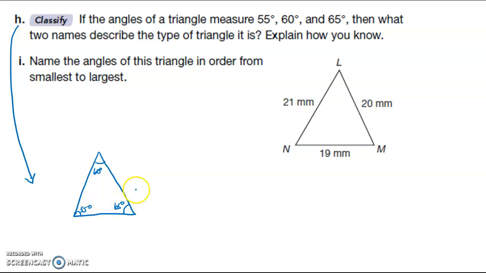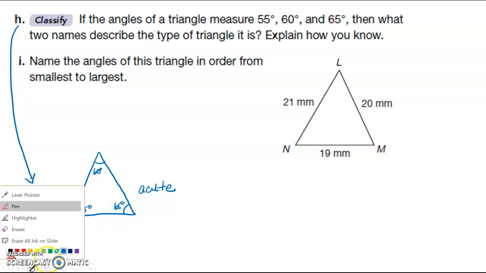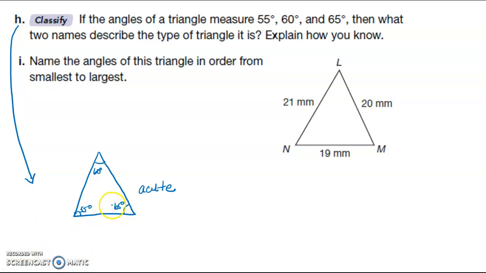It asks what two names describe the triangle. Well, all of these angles are acute. So if we name it by its angles, it's acute. But here's what we know about angles. Angles reflect the side they're opposite from. So take this 65 angle.